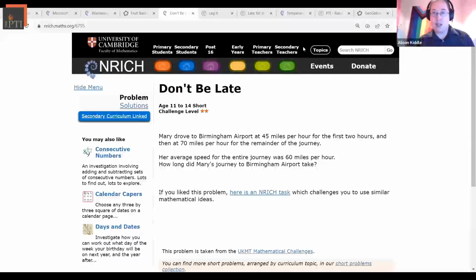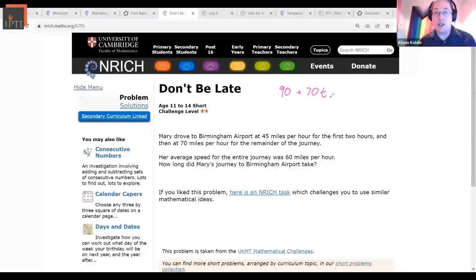I think a really common way of solving this is to introduce some algebra and say, well, if she's gone at 45 miles an hour for the first 2 hours, that's 90 miles altogether. And then for some length of time, which I'm going to call t, she goes at 70. So it's going to be 70 times the number of hours, t.